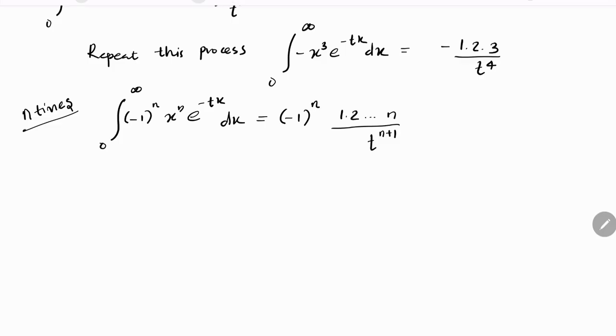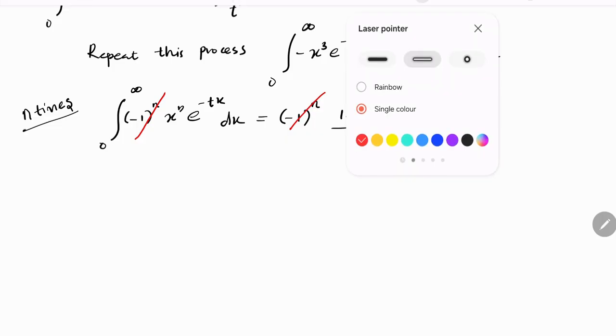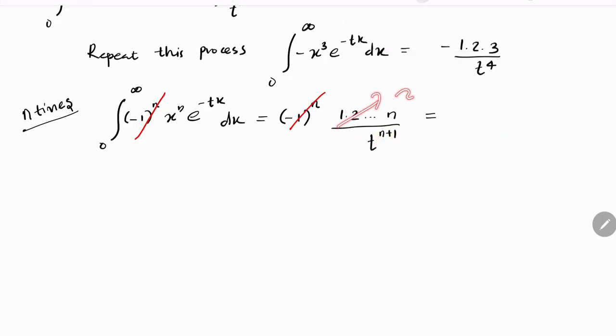Here (-1)^n will cancel, and this is n factorial, so it equals n factorial divided by t to the power n plus 1.